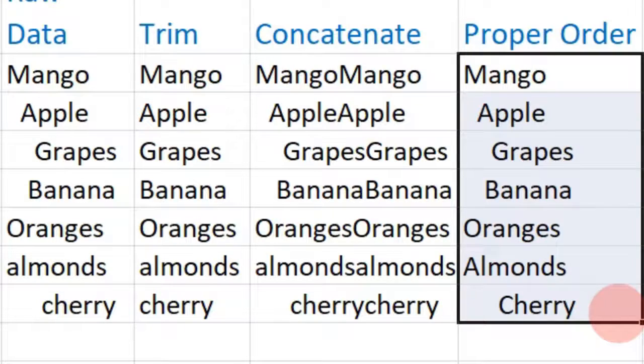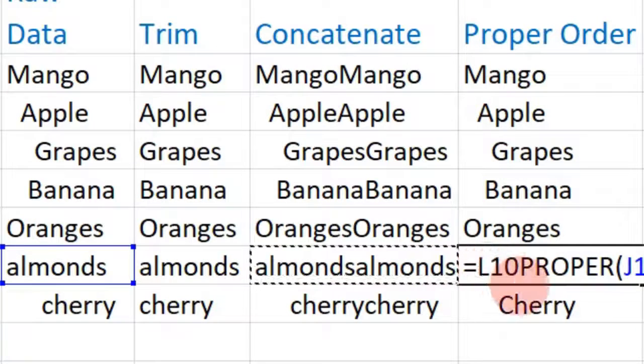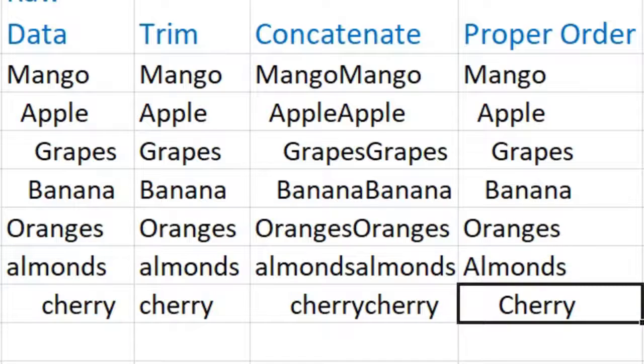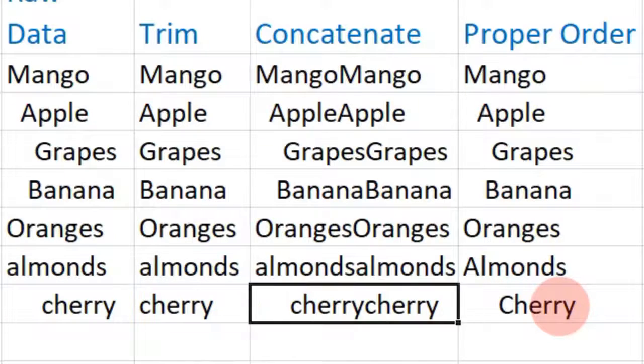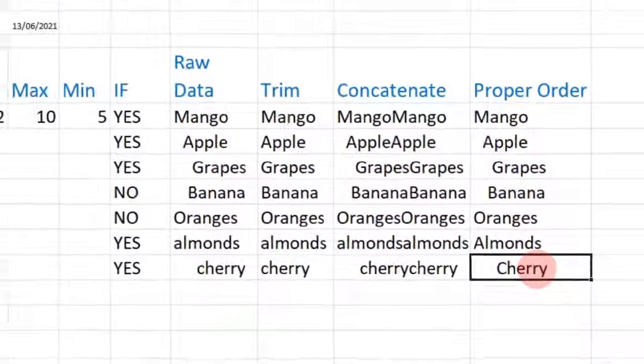Drag it down to here, and you can see that the almond is written with the capital A and the cherry is written with the capital C. So this is to write any word in proper format with the first letter starting with a capital letter.